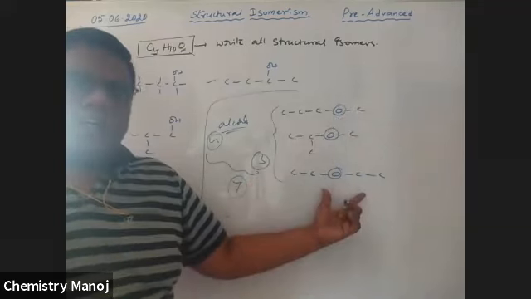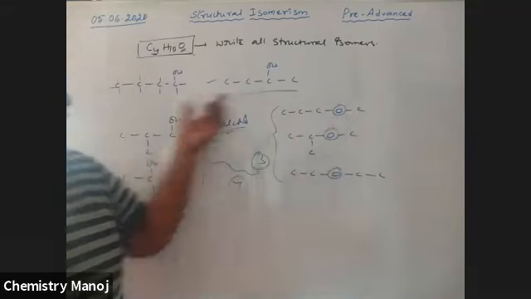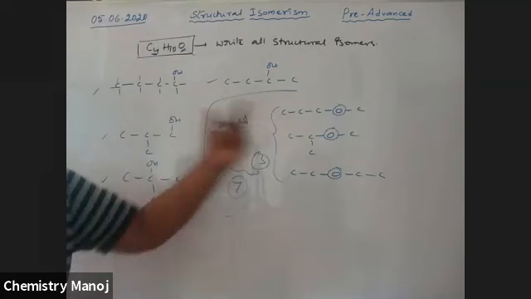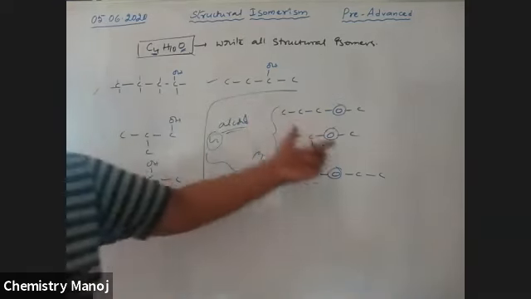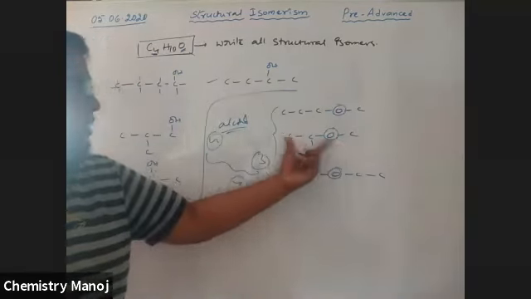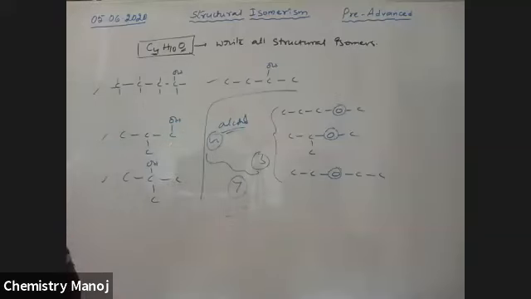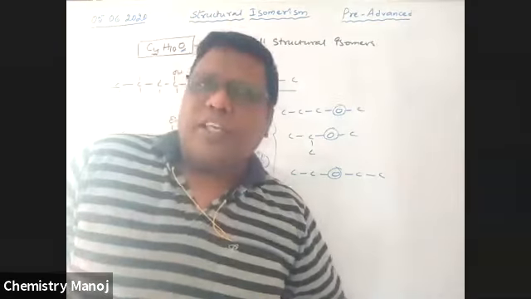The attached alkyl groups are different. Any one of these with any of those are functional isomers. These are alcohols, these are ethers. All combinations of these with these are functional isomers. Like this, you should write the number of compounds. So try to practice yourself. This is the way to express different classes of compounds, that is, the two isomerisms.